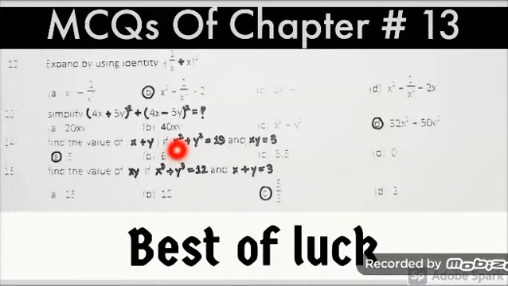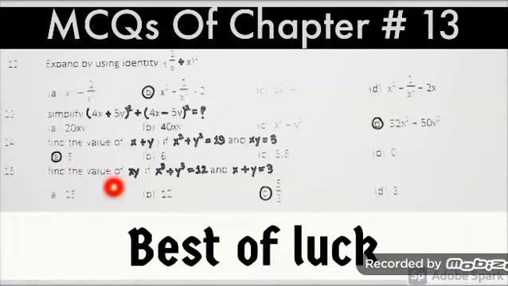As we are given x square plus y square, to find the value of x plus y, we will take the square of x plus y, and (x plus y) whole square will be equal to x square plus y square plus 2xy, and then we will put the values of x square plus y square and xy, and after solving we will get (x plus y) whole square is equal to 25. Then to find the value of x plus y, we will take the square root on both sides and x plus y will be equal to 5.